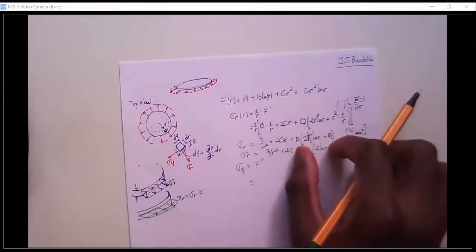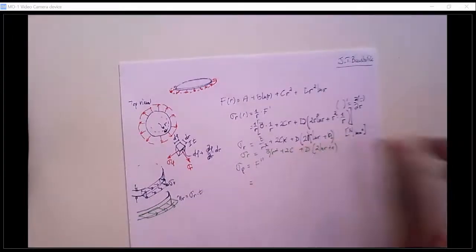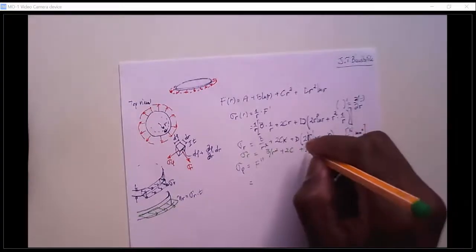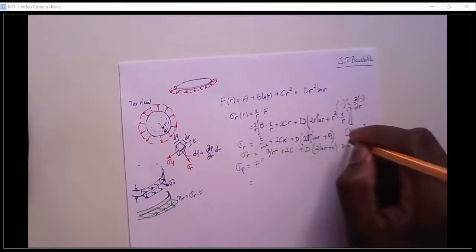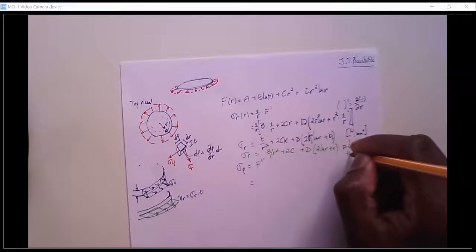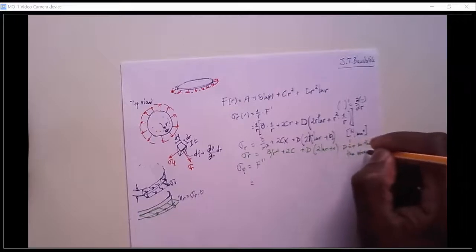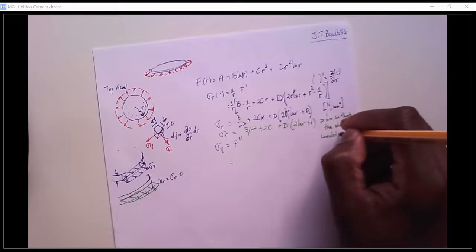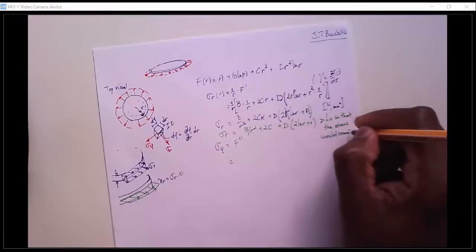We don't want such a term because it's going to lead us to infinite values of some stresses. And so we need g to be 0. G must be 0 so that the stress would remain finite.